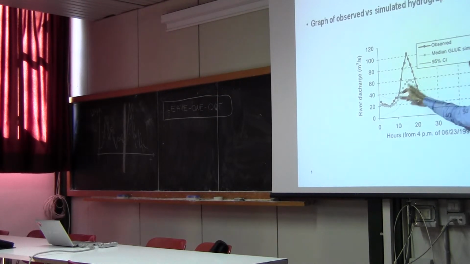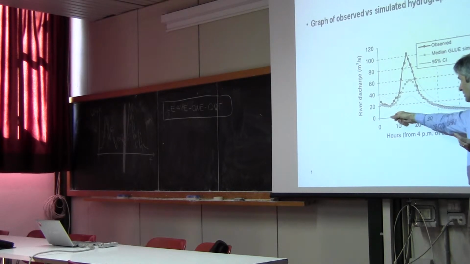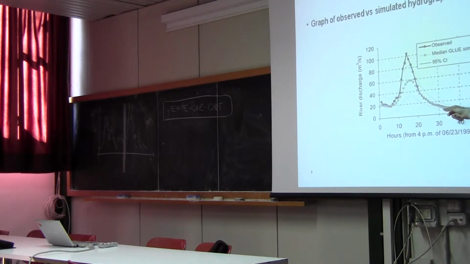The flood volume is not well reproduced because the gray line is always below or coincident with the black line. If you compute the volume, which means that you compute the area, the integral of these hydrographs, the area below the hydrograph, you see that the gray line has an area that is lower, so the volume is lower.